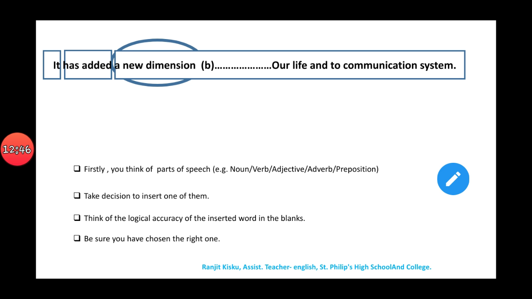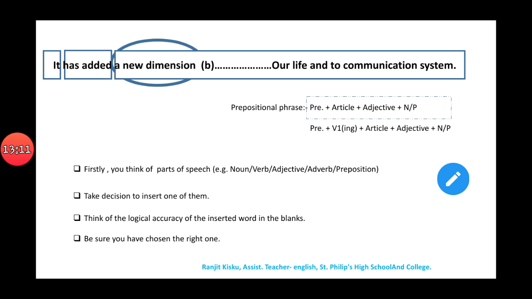One, a new dimension, a phrase working as object. And then prepositional phrases we got after. Prepositions come to make a relationship between two nouns or two noun clauses. So prepositions, article, adjective, noun, pronoun. What do you see? These are the building blocks to form it.